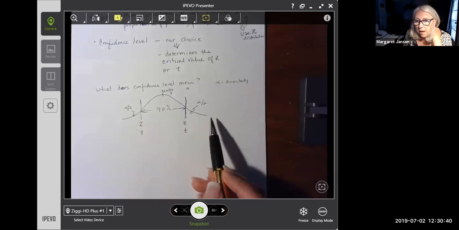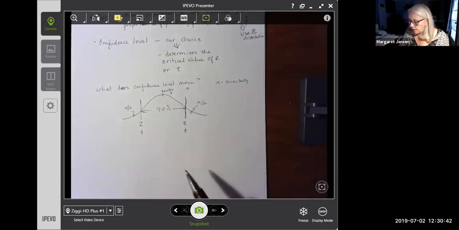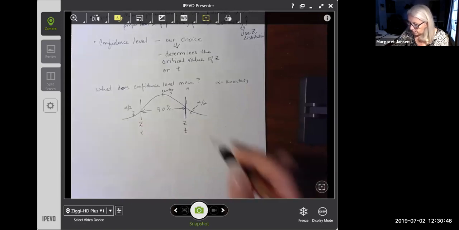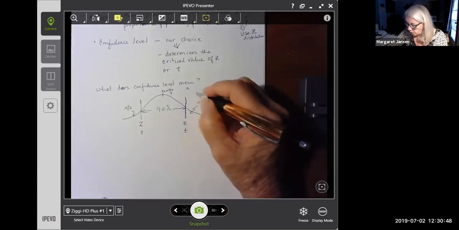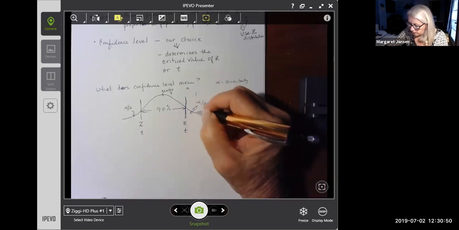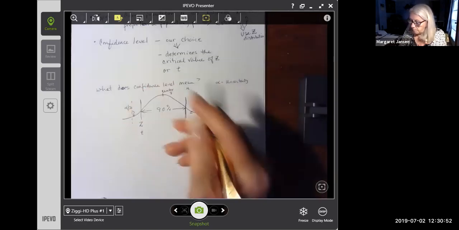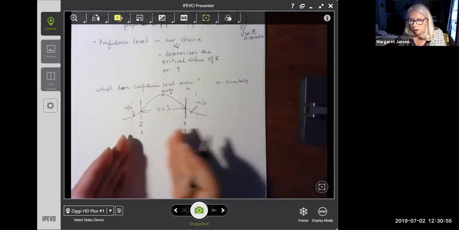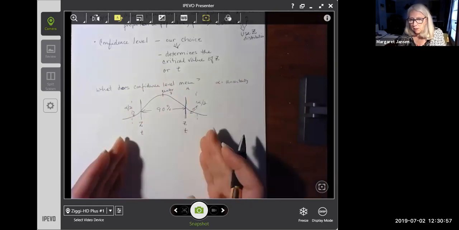And you can see that if I have a confidence level that were 95%, to get to 95%, my interval would have to get wider, right? My z or t values would change, and the size of my uncertainty would be smaller as well.